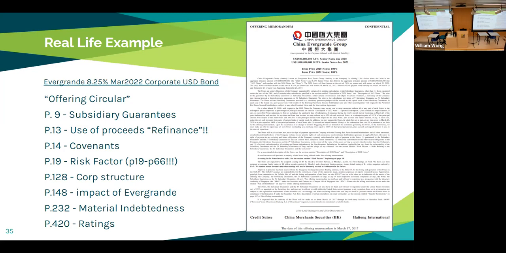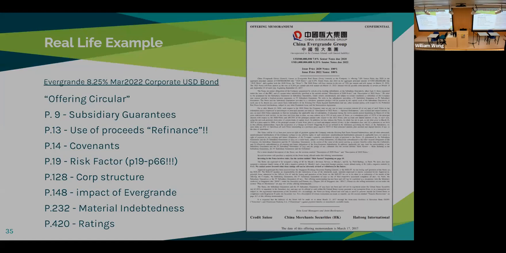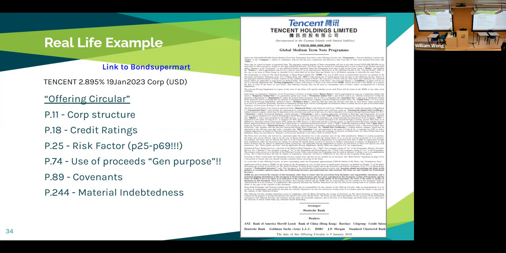So you can see for Tencent, Deutsche Bank is the arranger, which is at the bottom. This is how you should look at that. The front page will have pretty much the major key points. The dates, the company, who is the issuer, it may not necessarily be Tencent itself. It could be some subsidiary holding, and then they'll have everything listed here. And then at the end, you will see that all the bankers get involved.